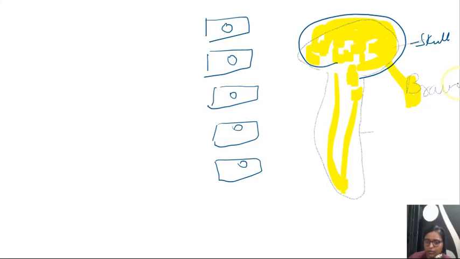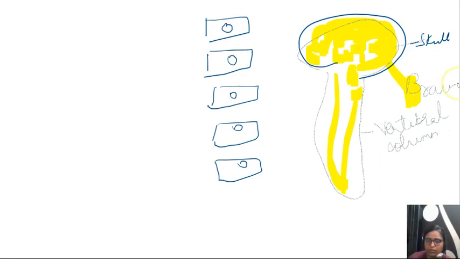Think for a few seconds and comment in the comment section what the answer is. It's very easy. Your spinal cord is protected by your vertebral column. Yes, right. Very good. Fine. So your vertebral column is the protective covering of your spinal cord.